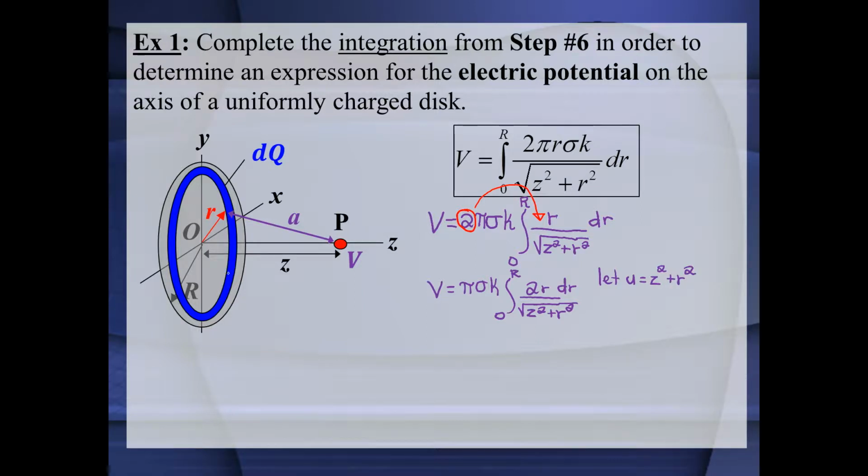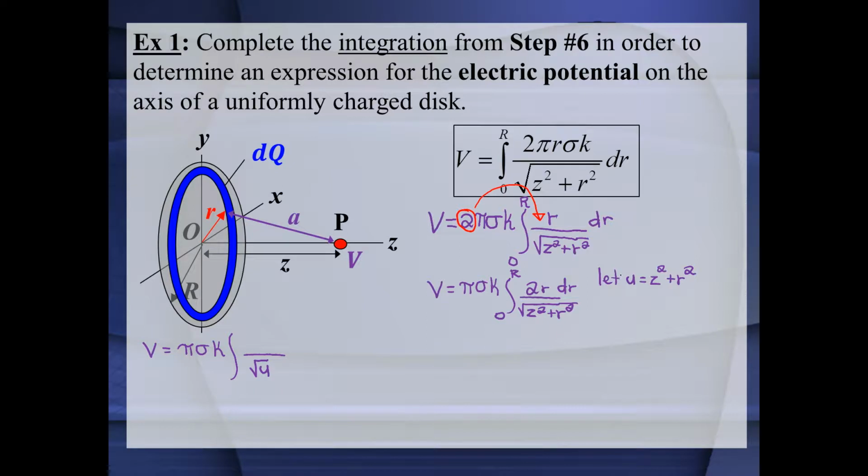So if we write the integral out, and just for a moment, I'm going to intentionally leave the limits of integration undefined. So then we'd have pi times sigma times k. And then we're going to integrate. I'm also going to leave the top alone for a moment here. But if we replace z squared plus r squared with u, we would then have just the square root of u.